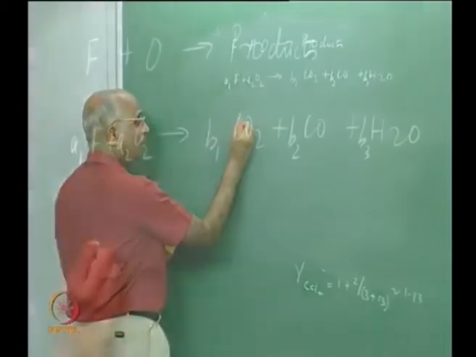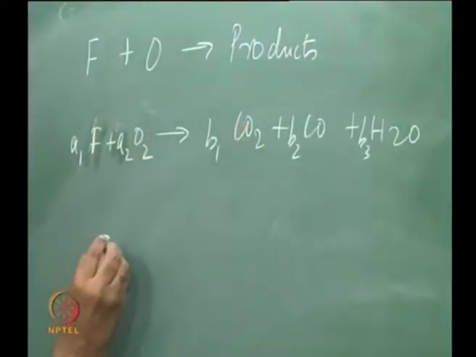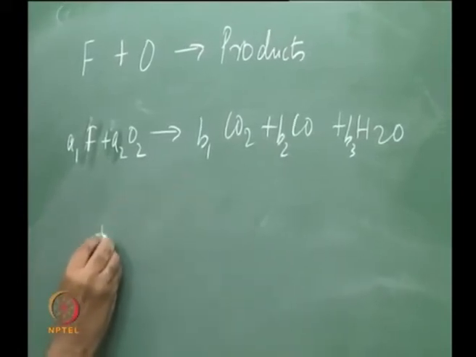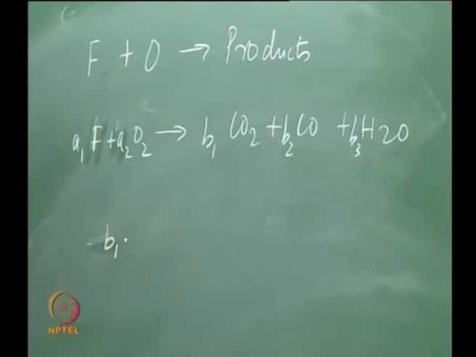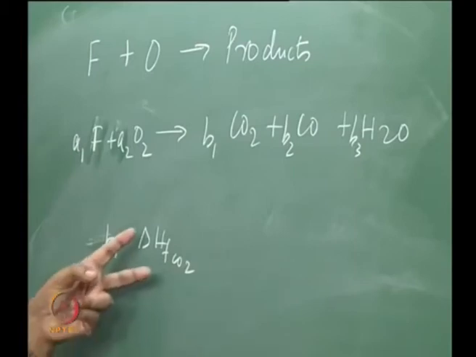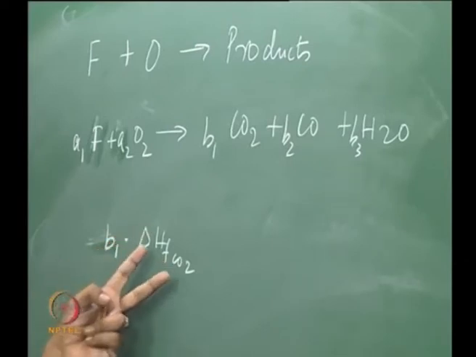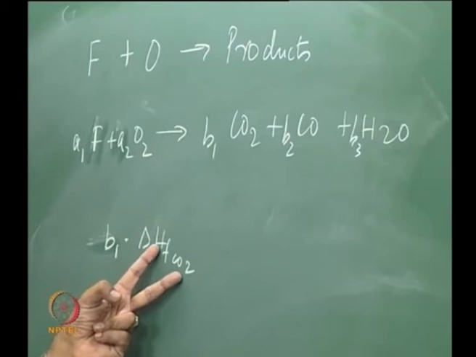Therefore, what is the energy released in this particular reaction? There should be a decrease, that means the heat of formation of the products is B1 into the heat of formation of CO2. Mind you, heat of formation is the heat required to form 1 mole of the substance at standard condition from its elements again at standard condition.